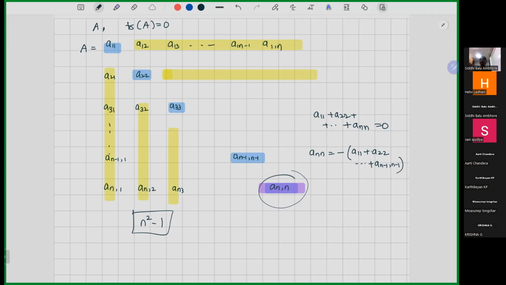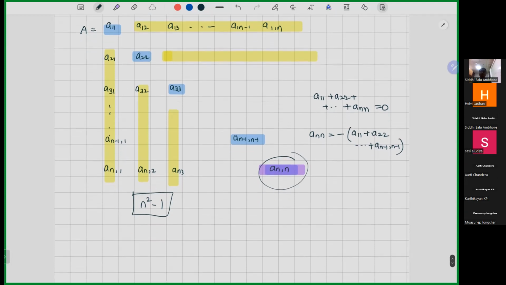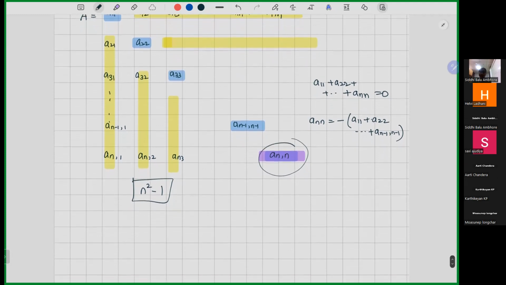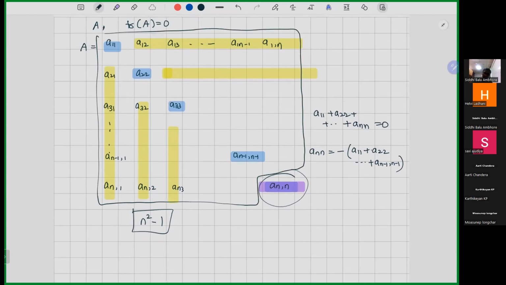And so the basis becomes all the elements except for this last component. So it is n square minus 1 elements. Yes, it is n square minus 1, because all these elements except for the last one are contributing to the basis.